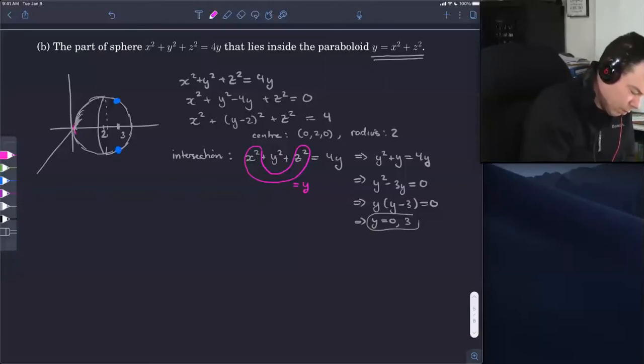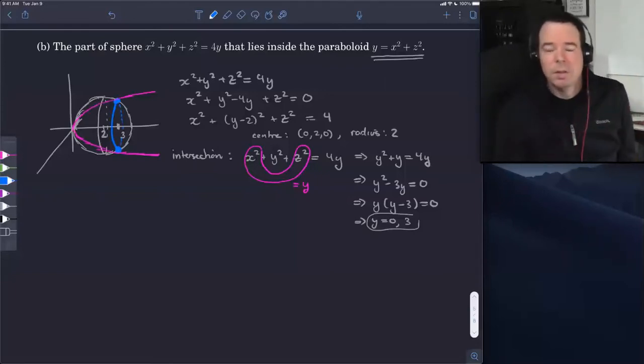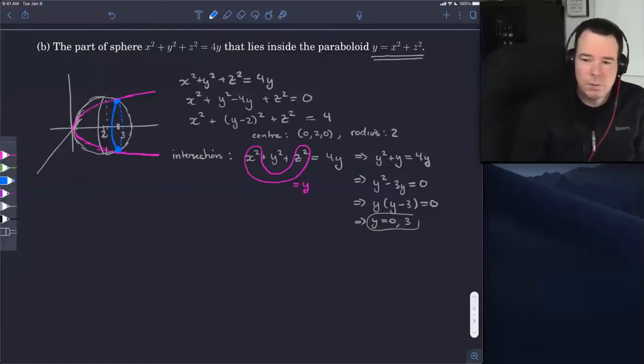So when I draw my paraboloid, it's going to pass through those points. And because it's three-dimensional, it's going to carve out this circle on the sphere.